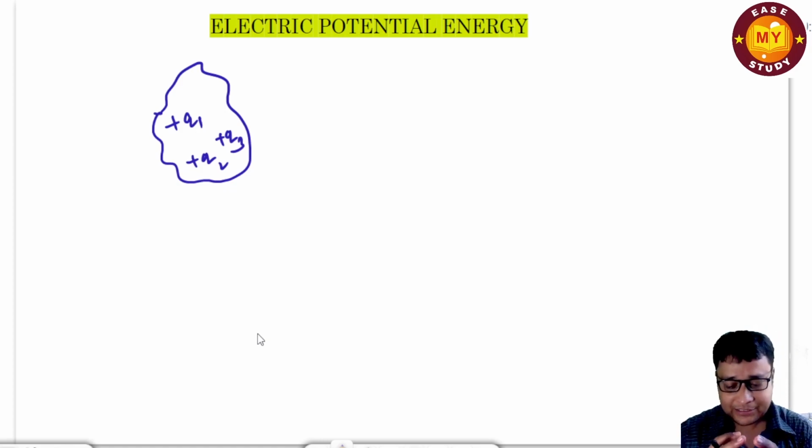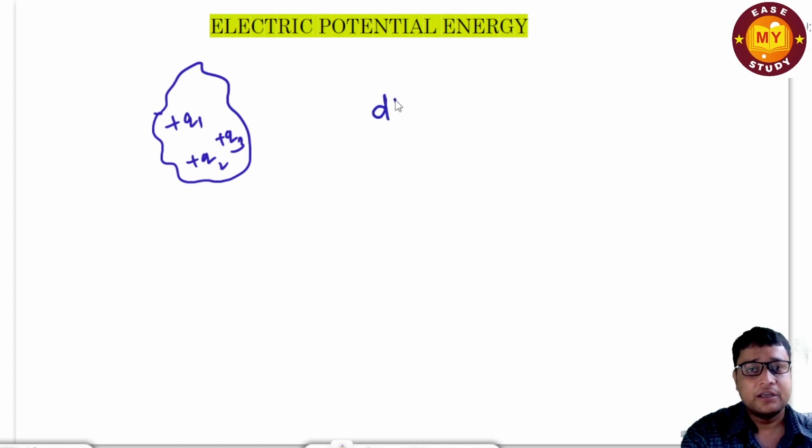So the negative of work done is equal to the energy, which here is the electric potential energy. Electric potential energy is basically the negative work done. So if I say dU is the change in electric potential energy, it will be the negative of work done.